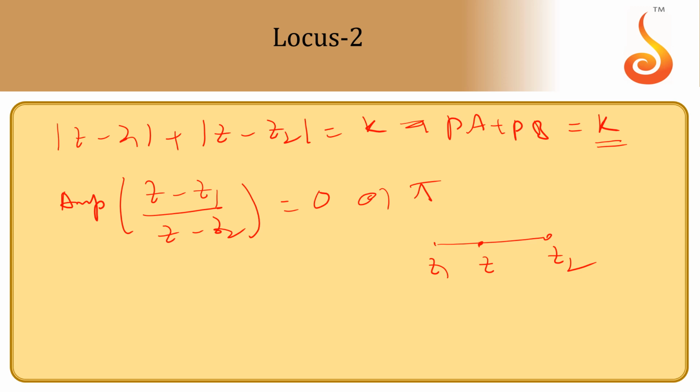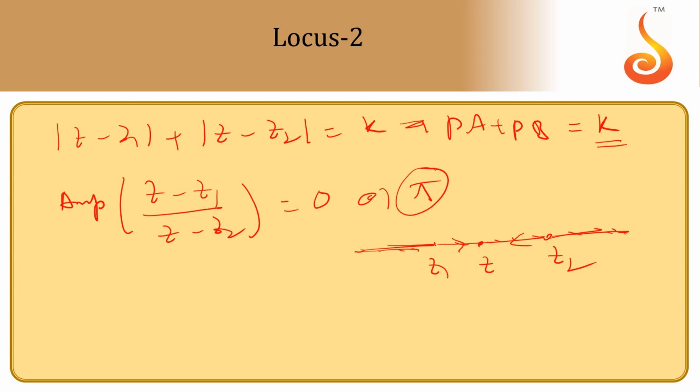Terminal minus initial, z minus z1. Z minus z2, terminal minus initial. So if I take z inside, they are in opposite directions, so the angle will be pi. If it is 0, it means z will be an externally dividing point. So can I say the locus of z will be internally dividing or externally dividing points?